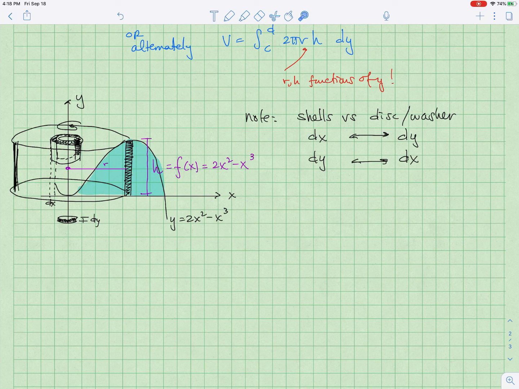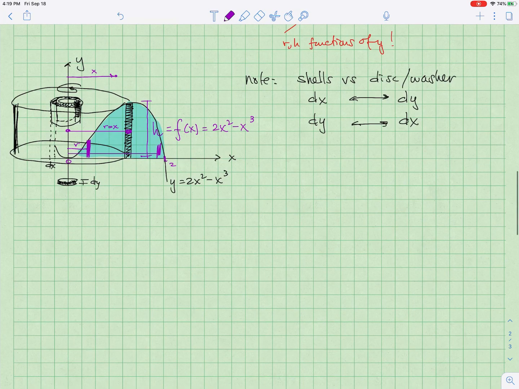So the curve actually has nothing to do with it. What's going on is we're using a series of vertical approximators, and they each have their own radius at different locations. And those radii range from x equals 0 all the way out to as much as x equals 2. In fact, it's a general distance measured from the y-axis over. And remember that the general distance from the y-axis over to a spot is x. And so in this particular case, the radius is just x.